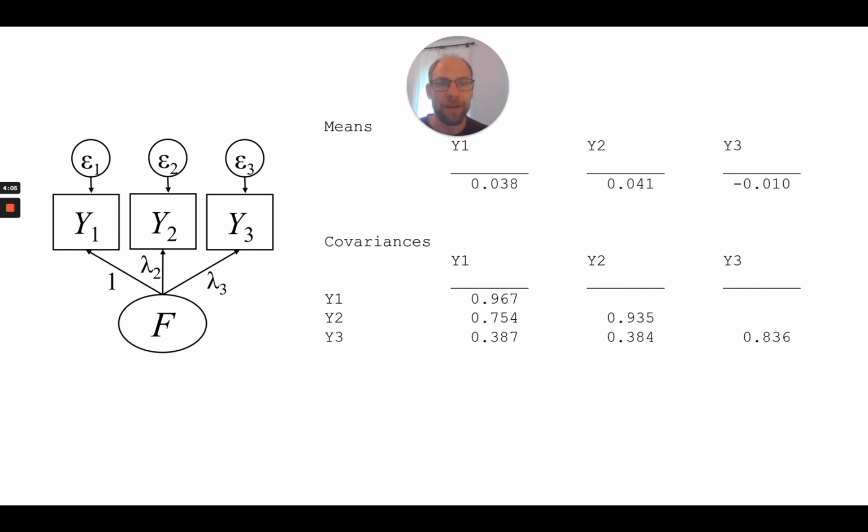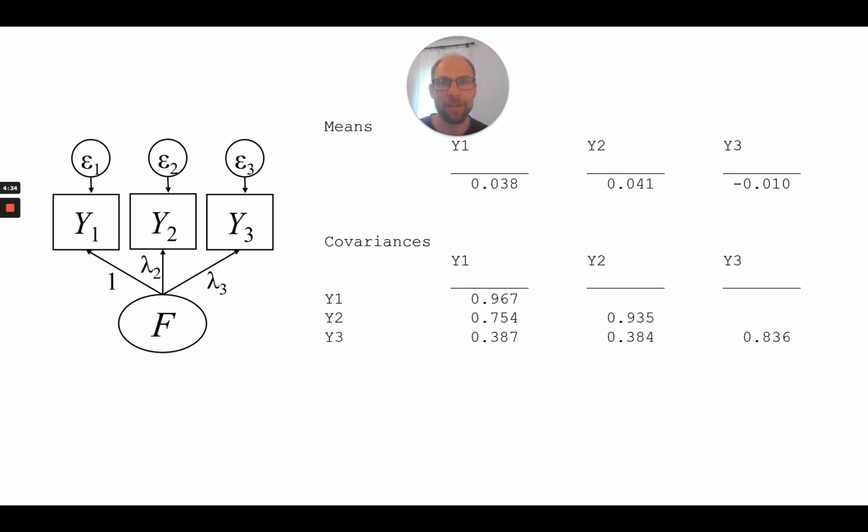We have 3 variances, which you can see in the diagonal of the covariance matrix. And in addition, we have 3 covariances, the relationships between those 3 variables. So those are the 9 pieces of information that we can use to estimate parameters from: 3 means, 3 variances, 3 covariances. Obviously, with more variables, you'd have more information because there would be a whole lot more covariances.